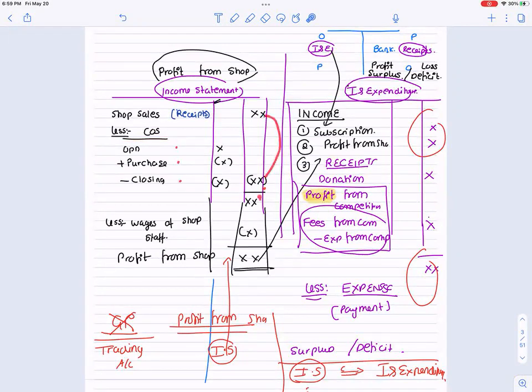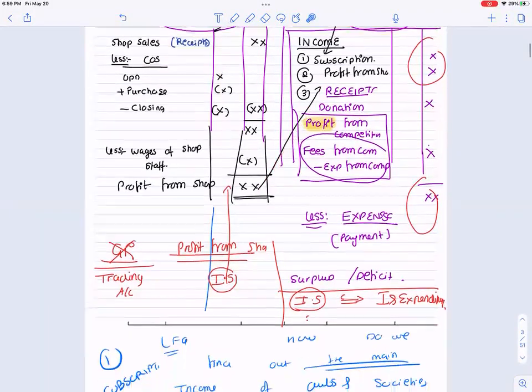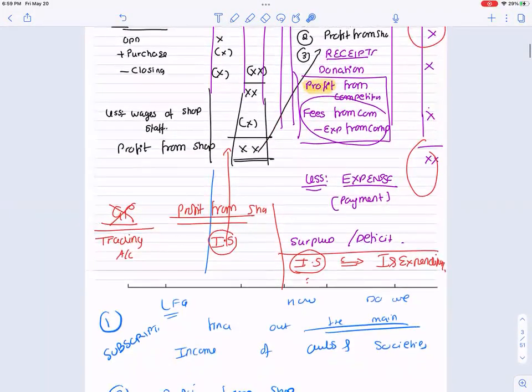Sales minus cost of sales, then minus wages of shop staff, you get profit from shop, and this profit from shop you will take to the income and expenditure account. Then everything else on your receipt side would come over here as income, and you would subtract the expenses to get surplus or deficit.